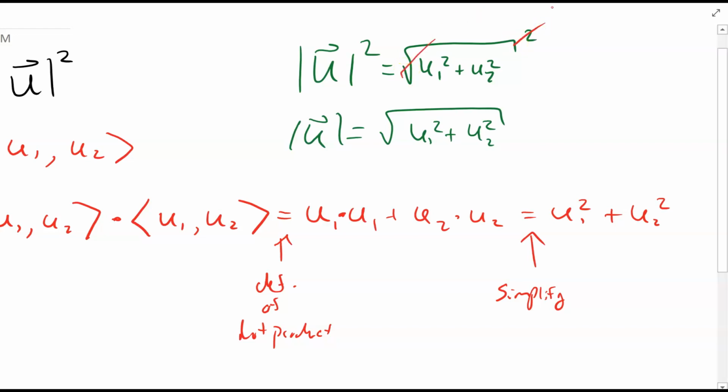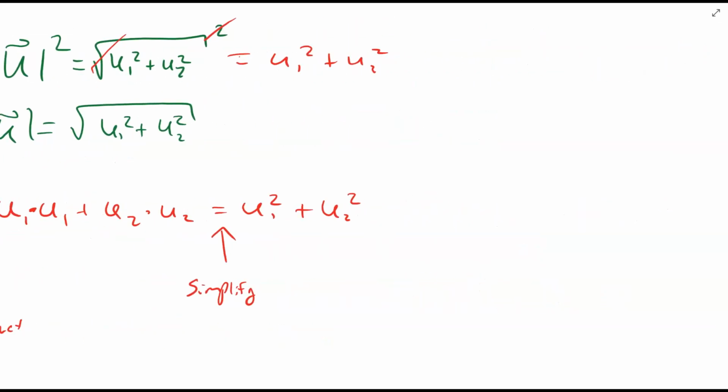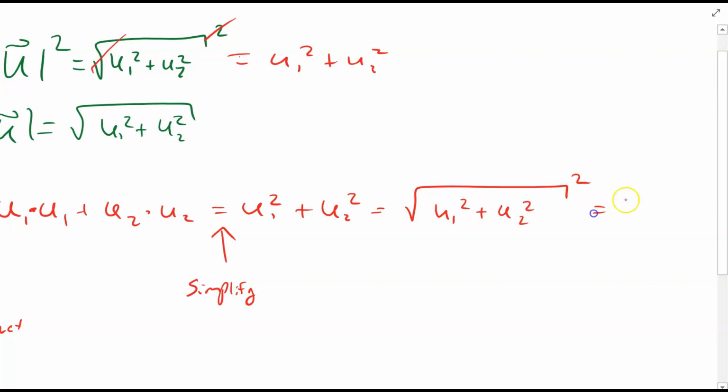They would cancel each other, right? Which is exactly what we have here. So what I can say then is that this is equal to that, which is the magnitude squared.